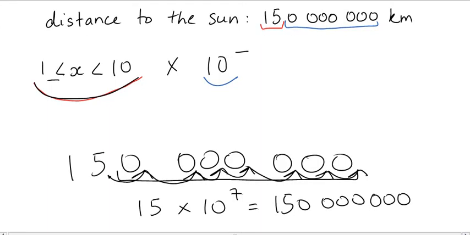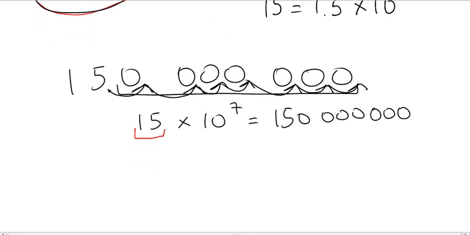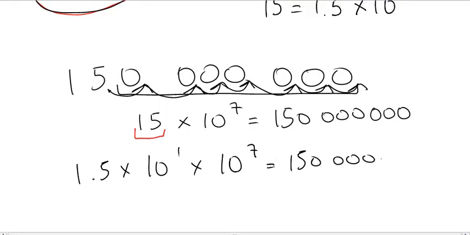But this isn't scientific notation, because 15 is not between 1 and 10. But we know that 15 is equal to 1.5 times 10 to the power of 1. So we can say 15 is equal to 1.5 times 10 to the power of 1, multiplied by 10 to the power of 7, and that's equal to 150 million.